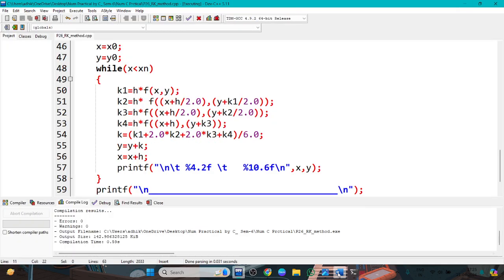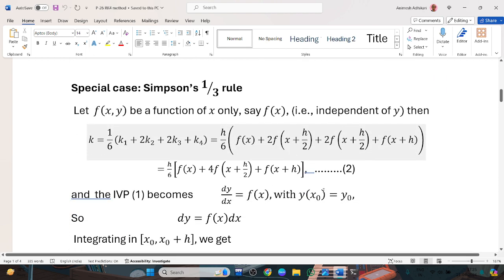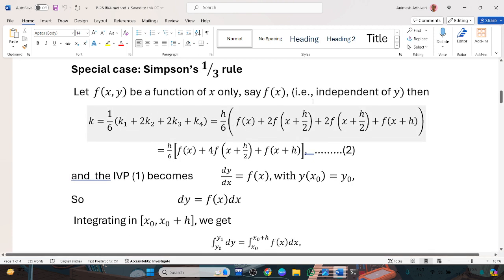Now we go back to the theory. Here is the special case: this Runge-Kutta fourth order method has a special case, the Simpson one-third rule. Let f(x,y) be a function of x only, say f(x), that is f(x,y) independent of y. Then k equal to 1/6 (k1 plus 2k2 plus 2k3 plus k4).